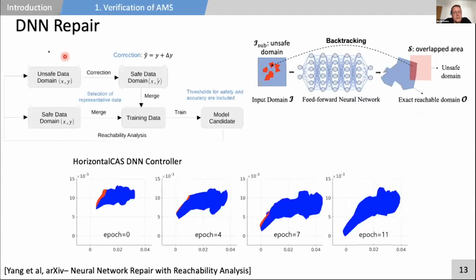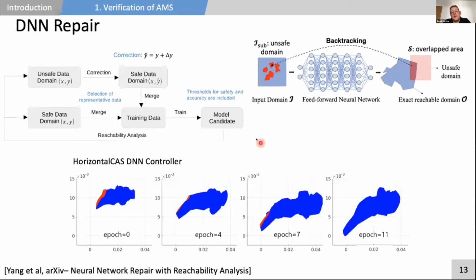You take this model that you've trained, then you do reachability analysis as previously discussed, and then you see whether there is any unsafe data domain. If there is unsafe data domain, you apply some correction, and then you merge this with the training data, and then you repeat the process through several epochs.